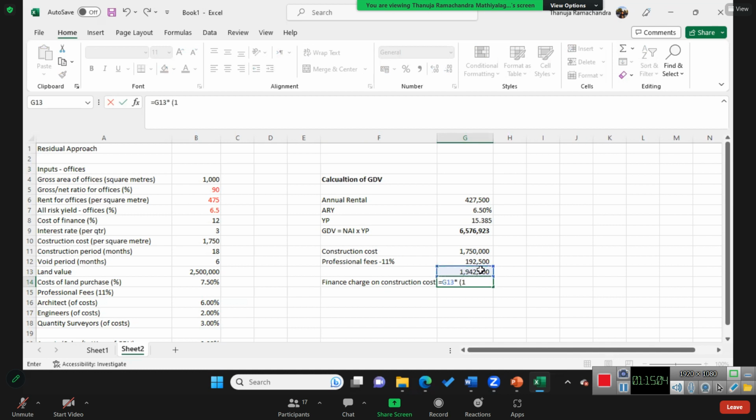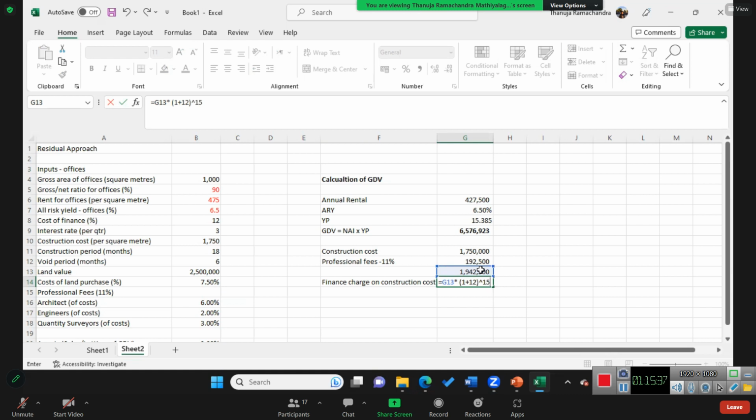Right. So up to when we can... construction period is 18 months. So the half period is 9 months. Another 6 months is there. So altogether 15 months we need this.